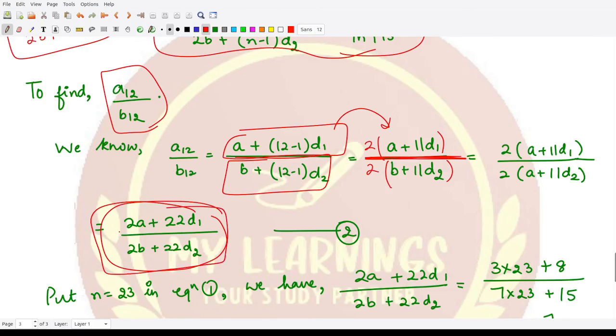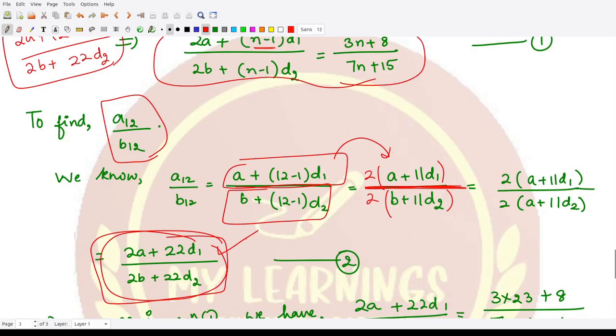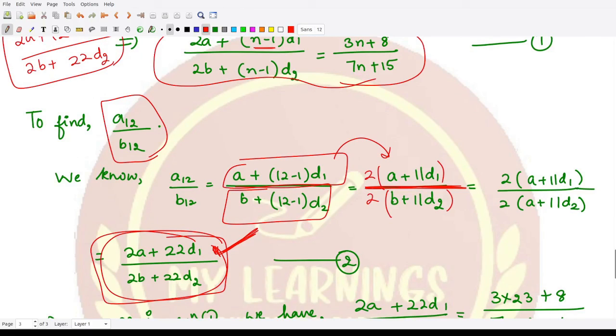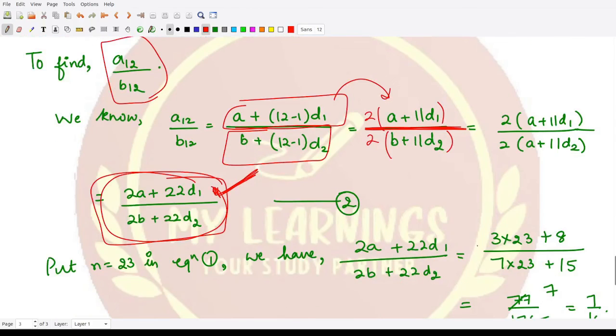That is why we multiplied both the numerator and denominator by 2 and converted it into this form, so that we may use equation number 1. So the value of this thing from equation number 1 would be the value of the same expression when n is 23. So we just substitute the values here.